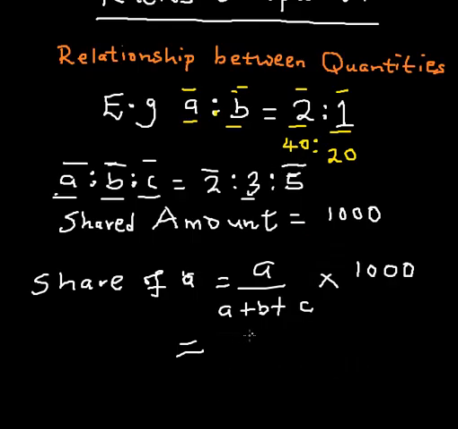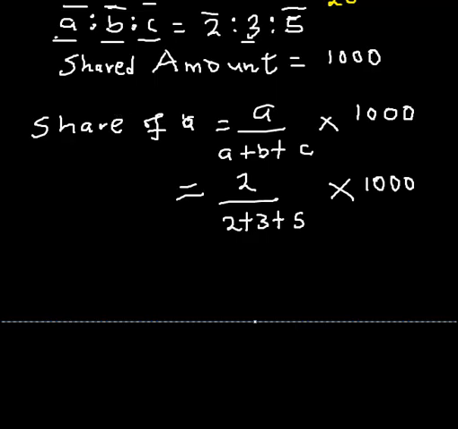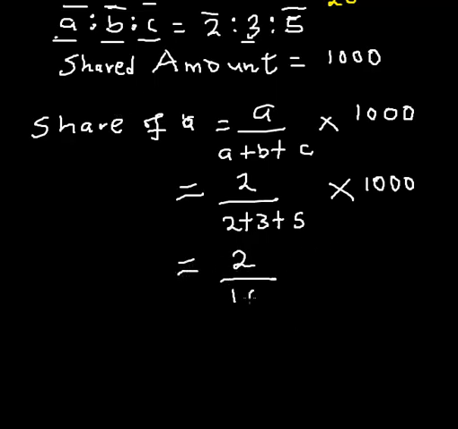So I'm looking at 2 divided by the total ratio, 2 plus 3 plus 5, then multiply by the total amount that was shared, 1,000. So I'm going to have 2 all over 10, then multiply by 1,000.